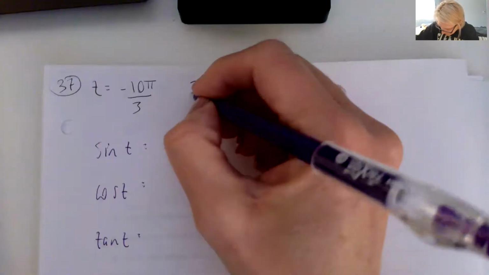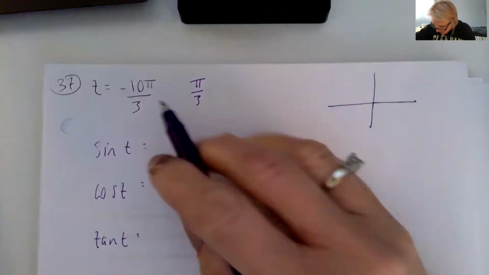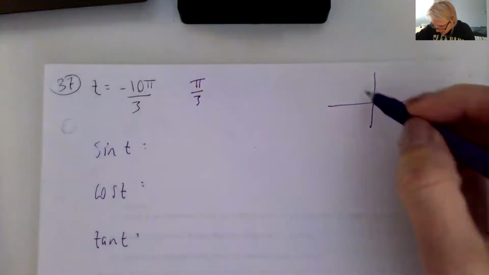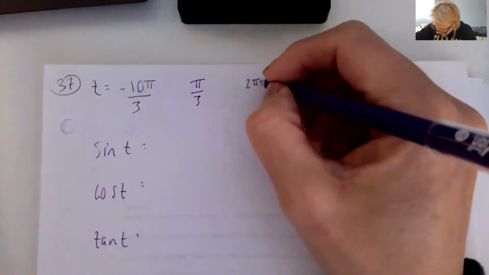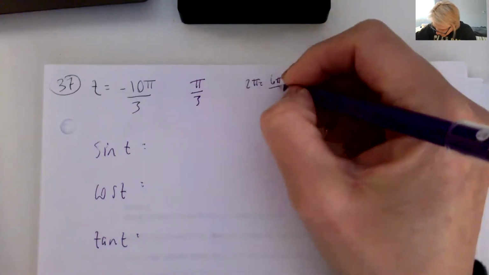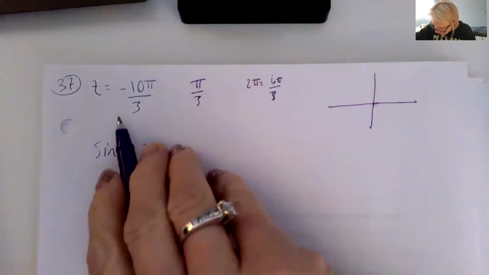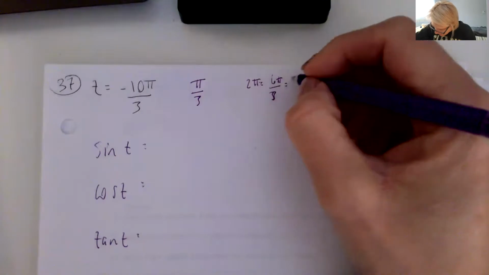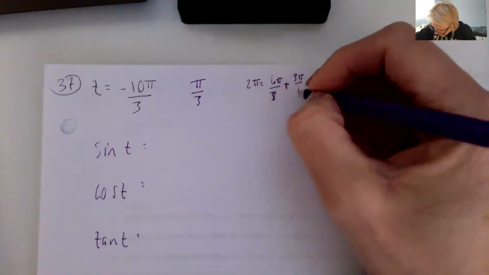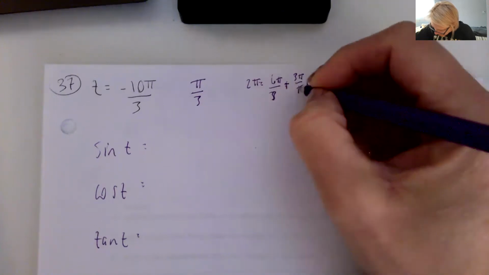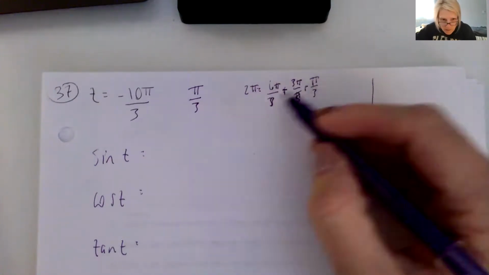So our reference angle is pi over 3, and we need to know where negative 10 pi over 3 is. 2 pi would be the same as 6 pi over 3, and then we have 4 more, so that's 3 pi over 3 plus pi over 3. So 6 plus 3 plus 1 is the 10 pi.